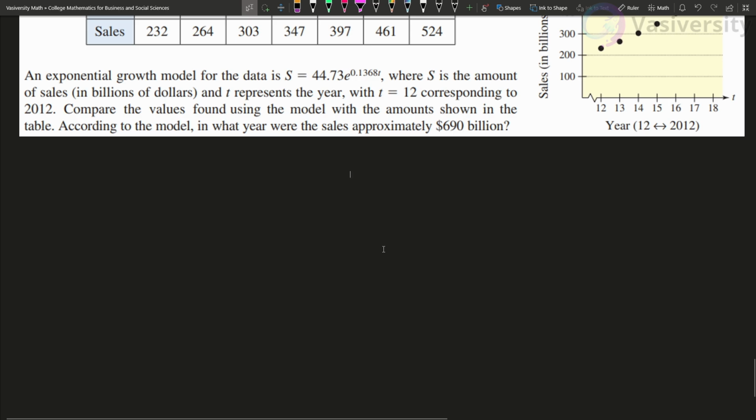So essentially we're given an equation: S is equal to 44.73 times e to the power of 0.1368t. And we're given that S is equal to 690, right? So we're trying to find the time when it actually happens. Okay, so we're going to equate those two.